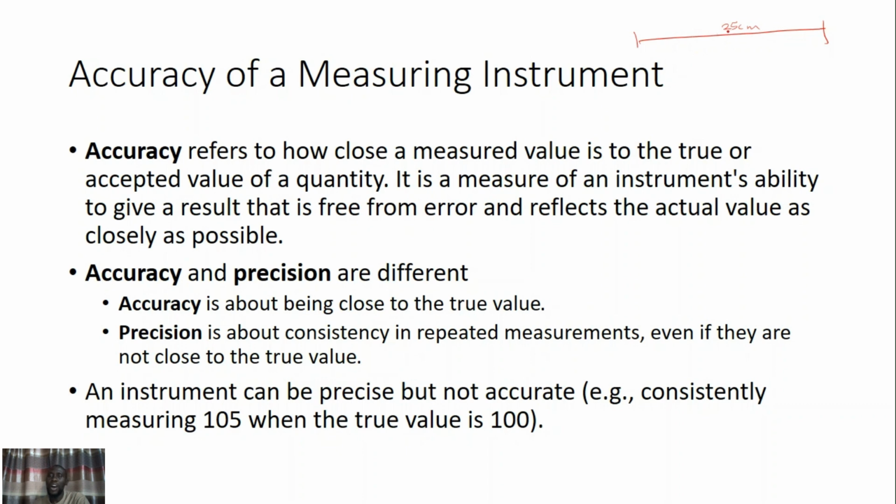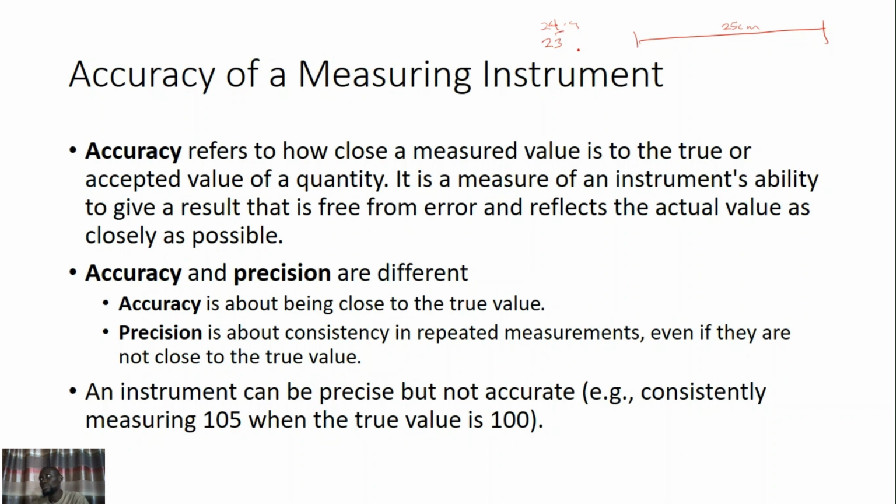Accuracy is how close our observed value is to this 25 centimeters. If the value is 24.9, we say it's accurate. This is more accurate than a value of 23 because this is closer to the value, which is 25 centimeters.